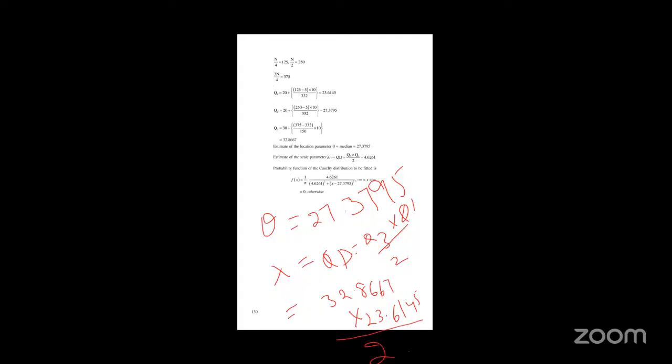If we calculate that, Q3 minus Q1 by 2 is equal to 4.6261. So what is the probability function of the Cauchy distribution they're asking?